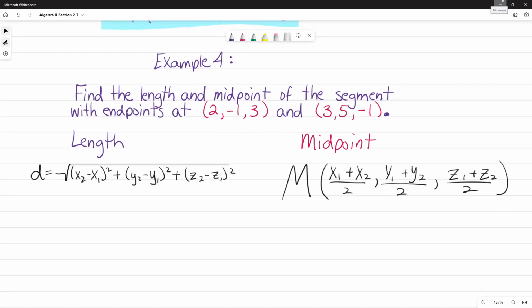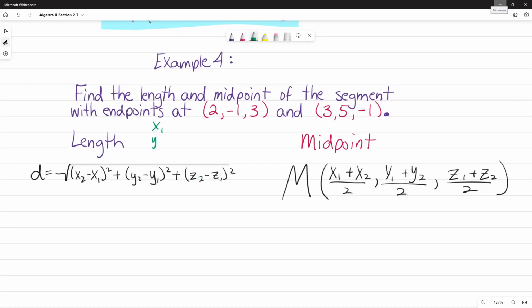Okay, so they've asked us to find the distance, which is just the length, and the midpoint of the segment with the endpoints at (2, -1, 3) and (3, 5, -1). So all we're gonna do is define our x1, y1, z1. I'll make it green so it stands out.